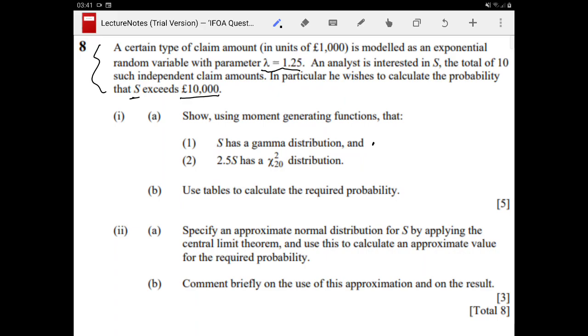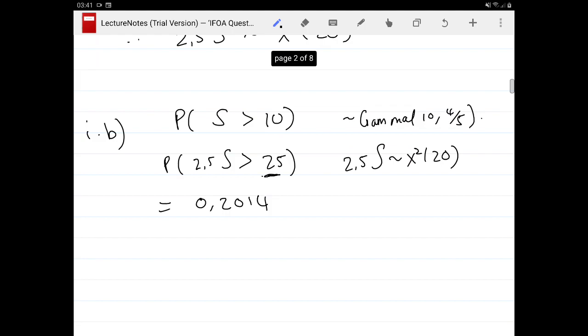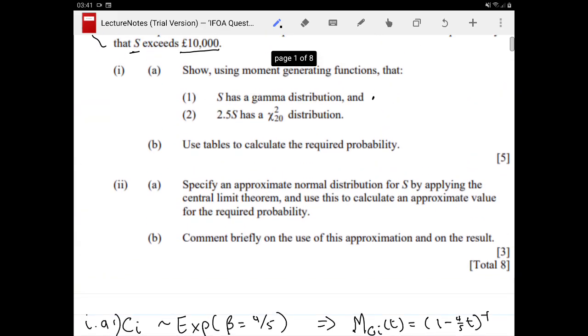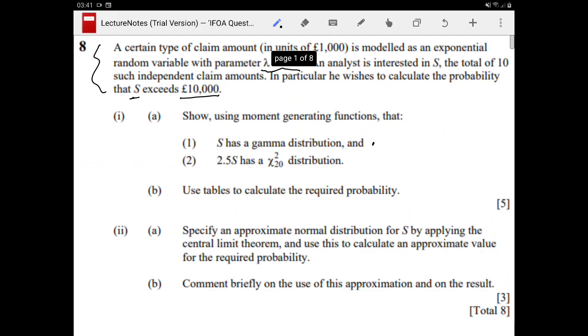That's I, right? Now, obviously, in order to calculate that probability, we needed either a gamma table or a chi-square table, or some statistical software. But for II, the second part of the question, they say specify an approximate normal distribution for S by applying the central limit theorem and use this to calculate an approximate value for the required probability.